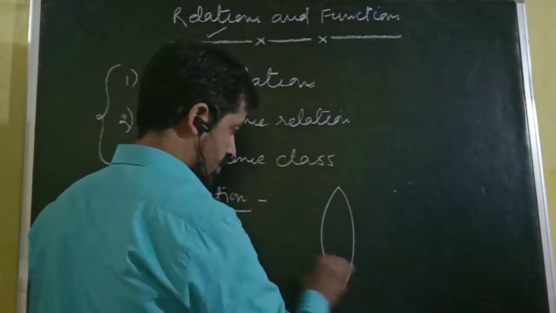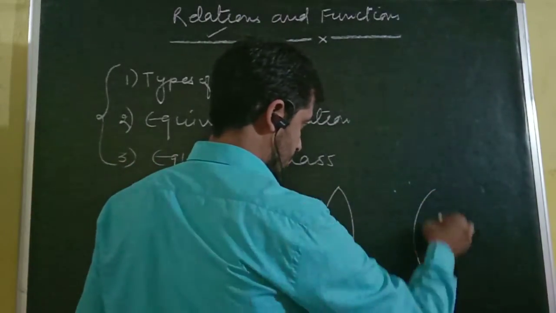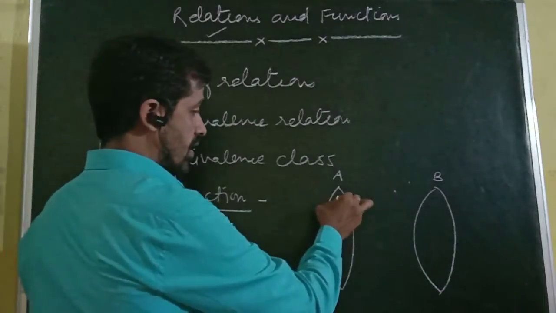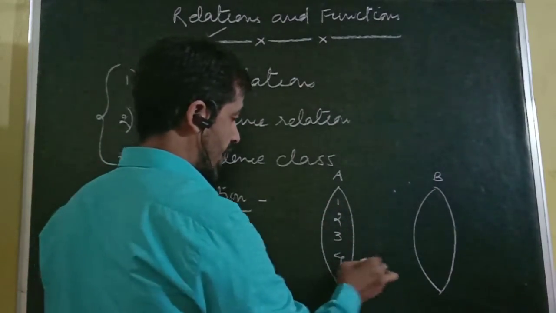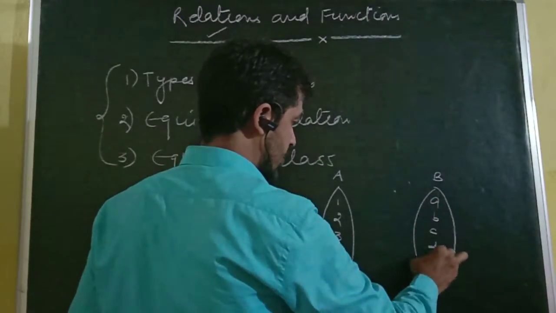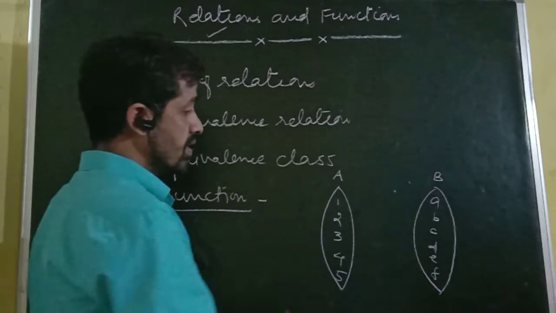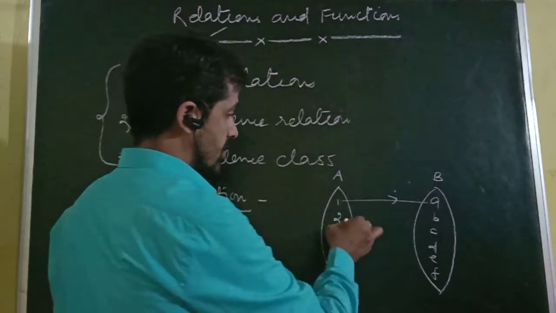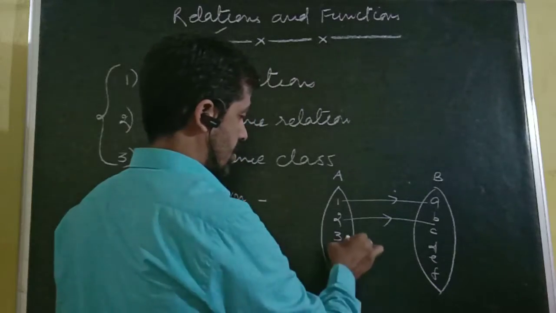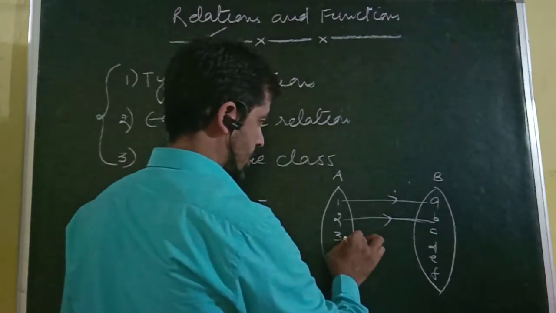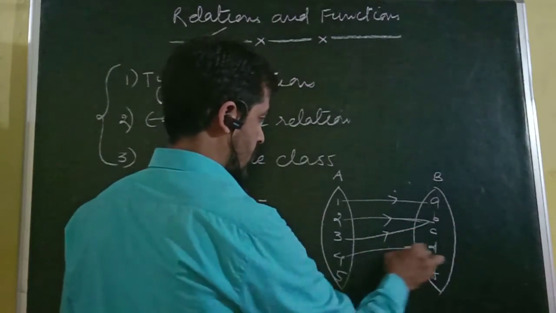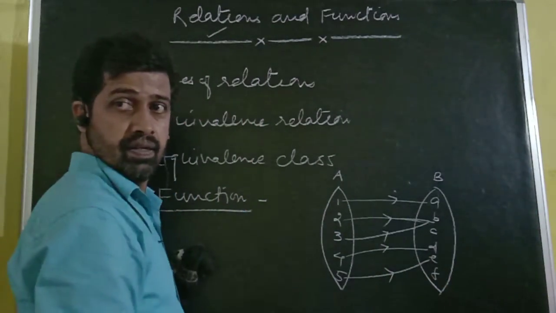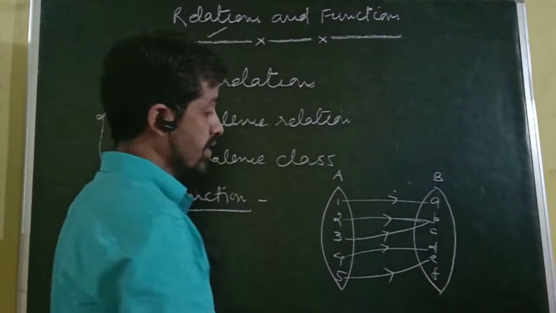Here we take the domain and here we take the codomain. This is set A and this is set B. Elements 1, 2, 3, 4, 5, and here A, B, C, D, E, F. Then, 1 is related to A, 2 is related to B, 3 is also related to B, 4 is related to D, and 5 is related to E.